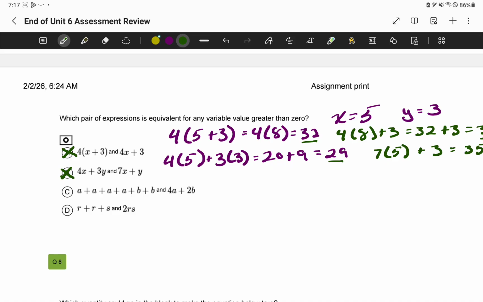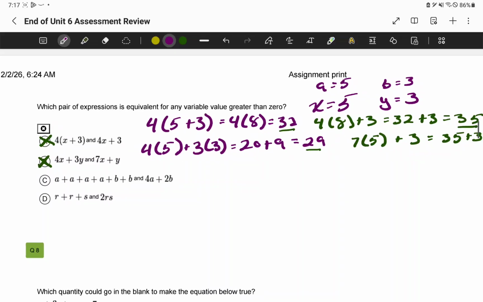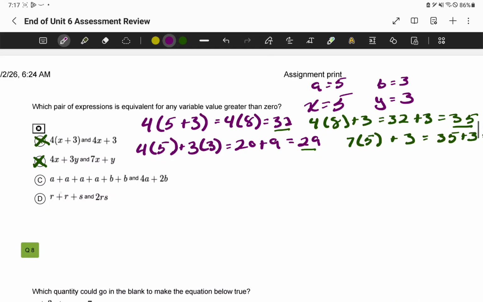Well, now I have A's and B's. I'm just going to stick with the same numbers. And again, it shouldn't matter what numbers I choose, because it says any value greater than 0. So any number I pick should work. So I've got A plus A plus A plus A, so that's 5 plus 5 plus 5 plus 5 plus B plus B, so plus 3 plus 3.